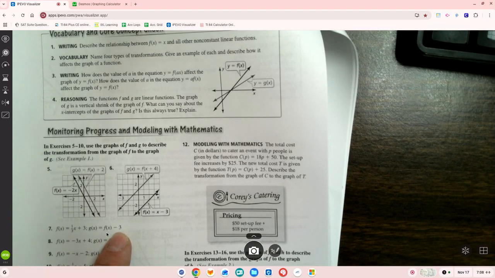Now, what I'd like you to be able to do is read this and say, wait a minute, the -3 is outside. Outside means vertical. When I graph this on Desmos, which I'm going to do in a minute, this line should be 3 units below the one that I typed in already. That's what this is telling me. f of x minus 3 would be g of x. g of x is taking this line and moving it down 3.